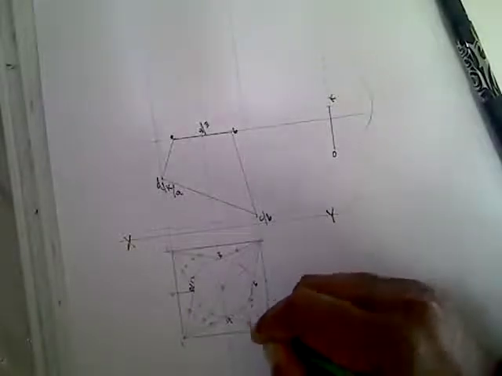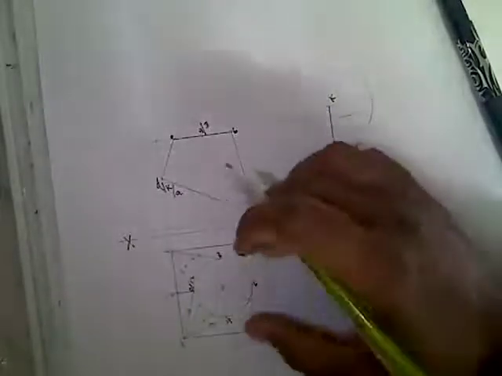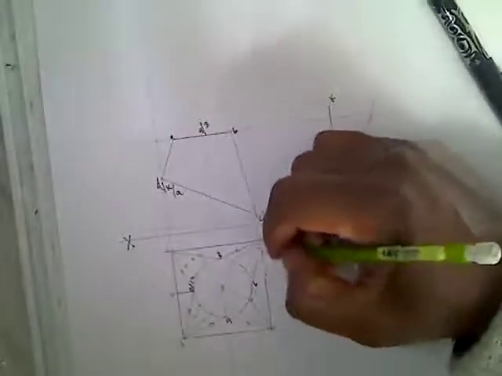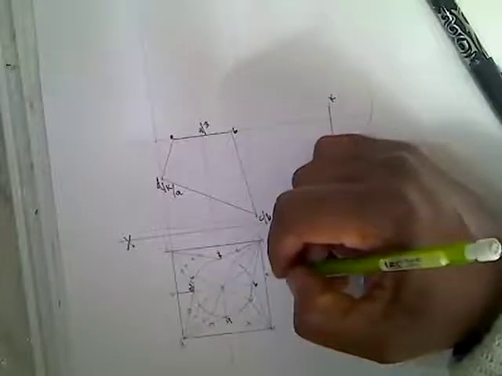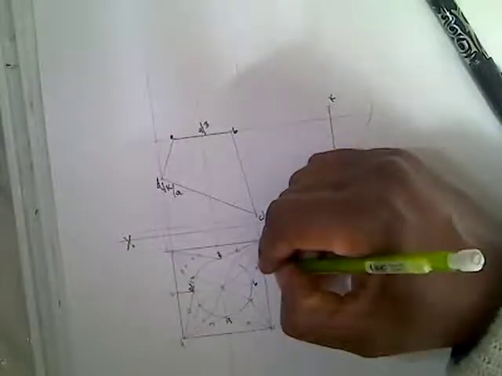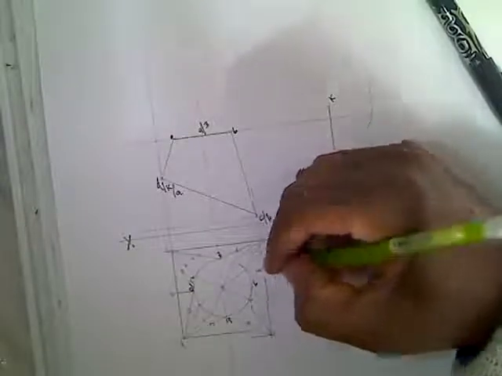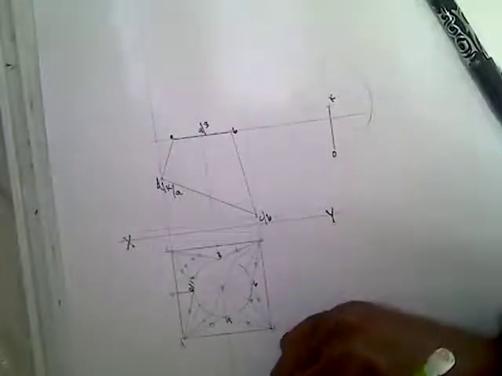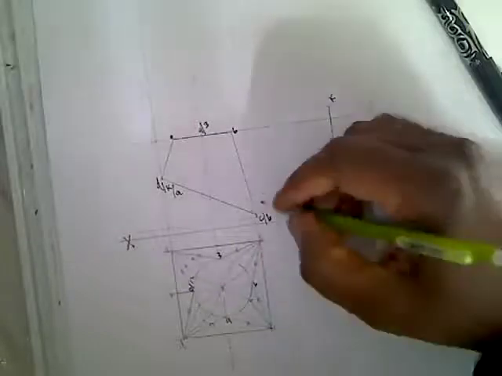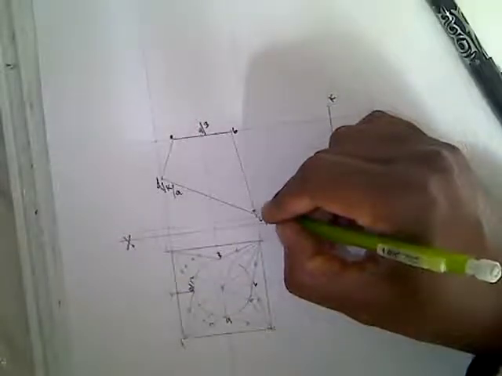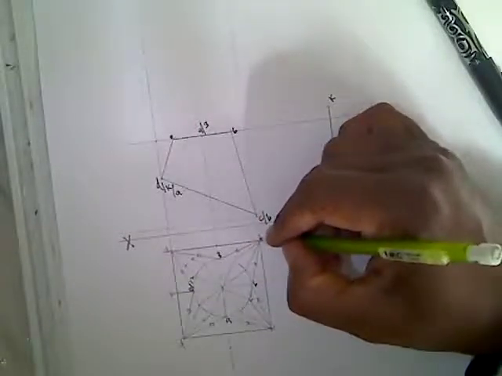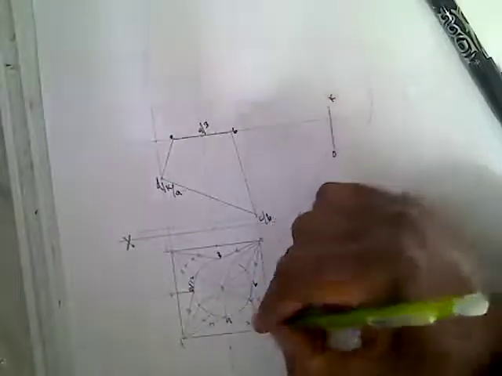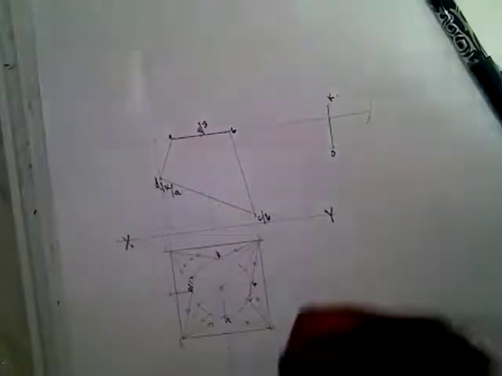Yes, X. And because it is a square also, even these corners will be the same as when I look at this one and that one. This, that, they all come to this corner, and that they all come to that corner. They will be equal. 1, 2, 3, 4.